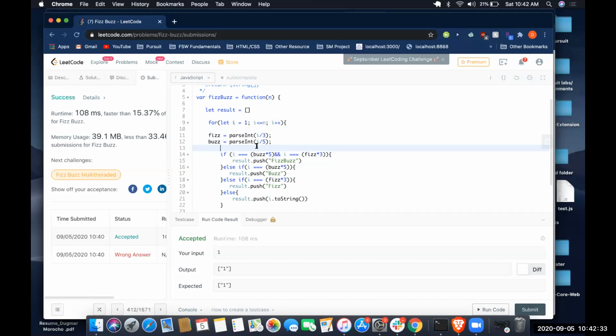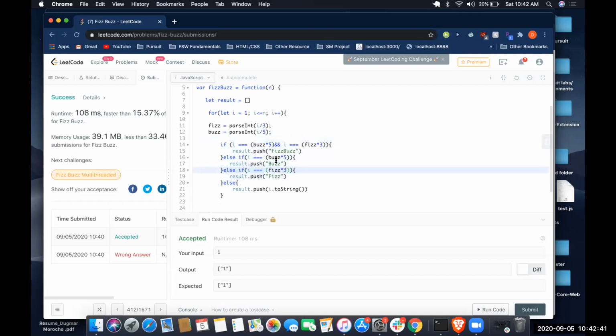If it's 3 divided by 5, it's going to be a decimal, so it's going to be 0. Then I'm checking, similar to you, if that number times whatever, parse int, is equal to i, then it's going to be FizzBuzz.